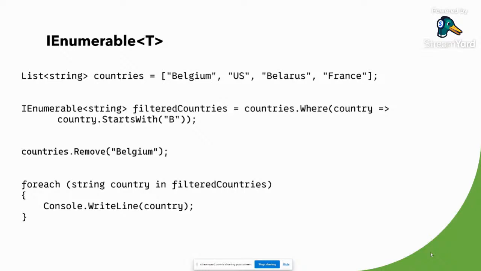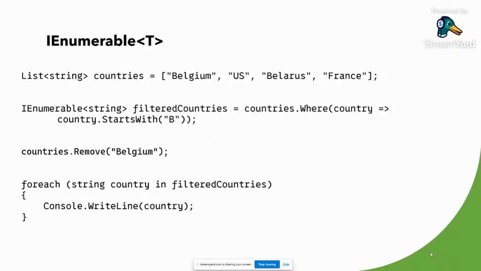What is the result? So I have my list, I create my enumerable with the filter, then I remove an item, then I write it. Belgium will not be in the result anymore. Because at this point, this filtered countries object is not a list, it's an enumerator. And it will only evaluate its content as soon as you loop over it.